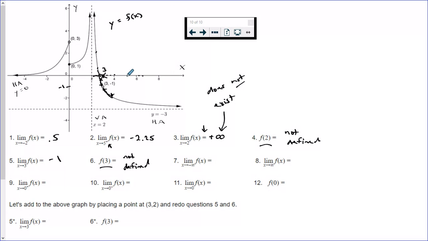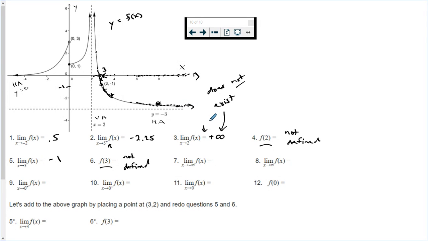Well, think about it. As your inputs go to positive infinity, in other words, as they go to the right forever, what are your corresponding functional values approaching, if anything? So that little limit buggy that's tracking along here, as we go this way forever, are the y values getting close to something? And the answer is yes.